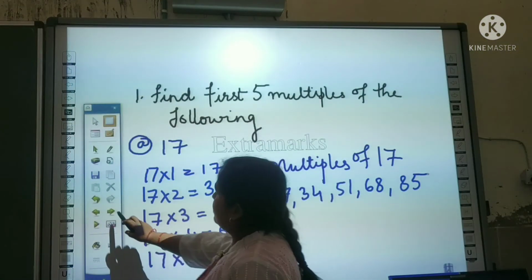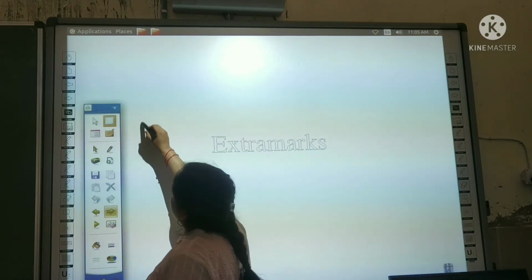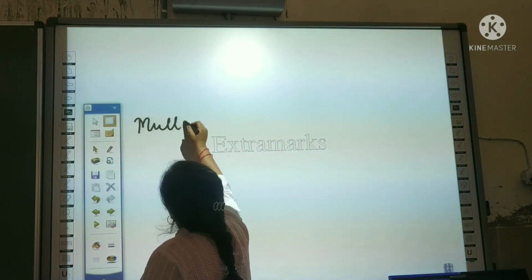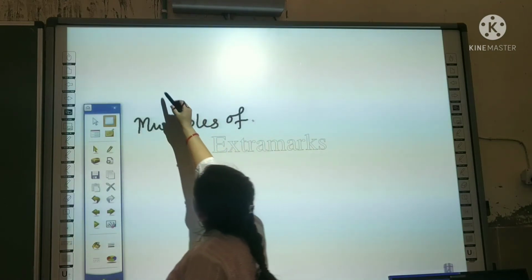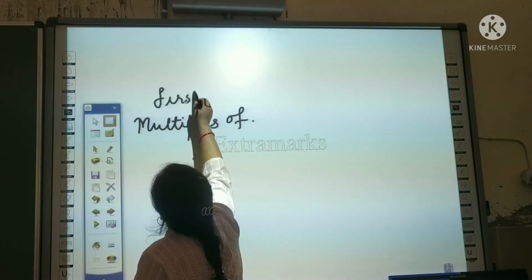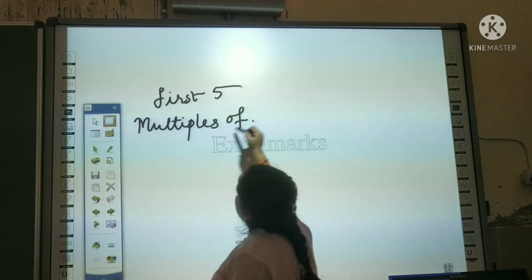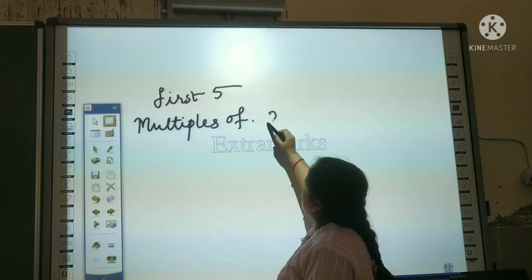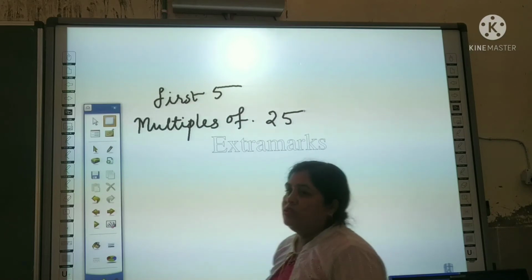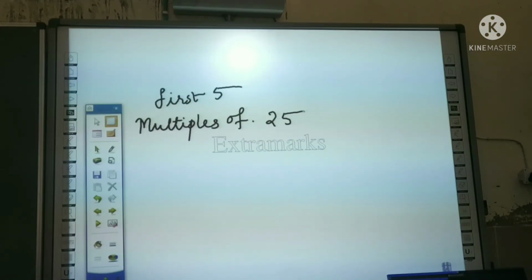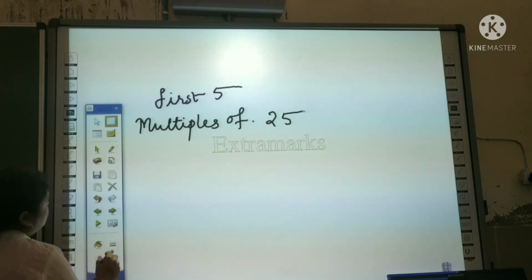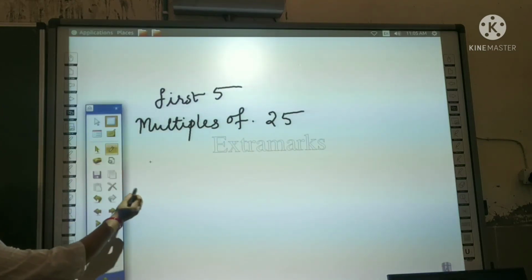Okay. Now one more question for you. The same question is there: first 5 multiples of 25. How can you find out the first 5 multiples of 25? How many times do you have to write down the table of 25? 5 times.